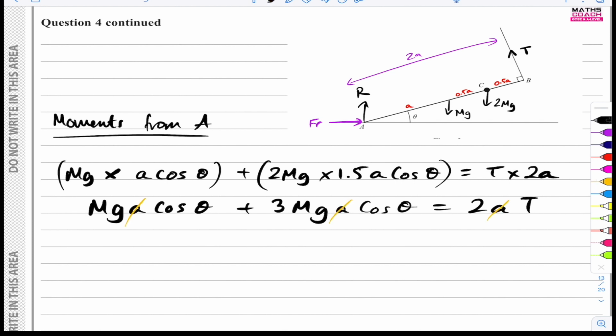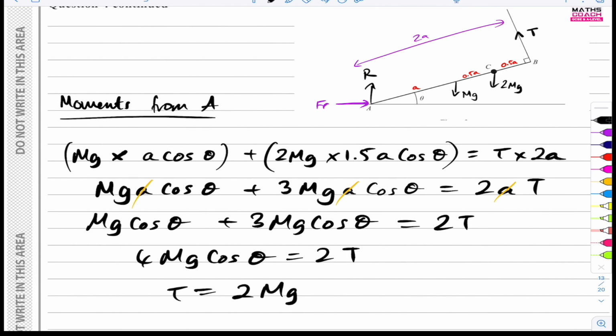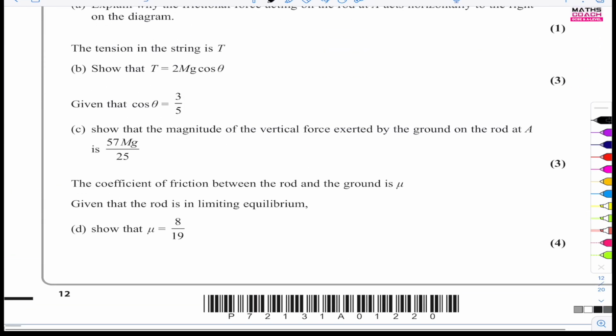So we have mg cos theta plus 3mg cos theta is equal to 2T. Now you're adding these cos thetas with mg's, so 3 plus 1 gives us 4mg cos theta is equal to 2T. Divide by 2, you've got T on its own, so you get 2mg cos theta. And that's what it wanted you to find right here.